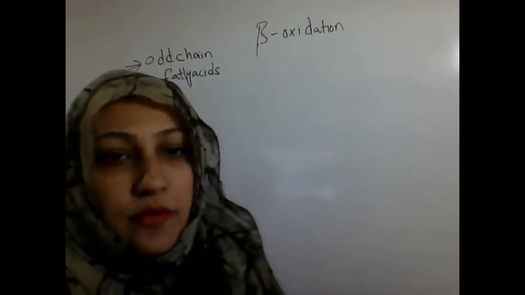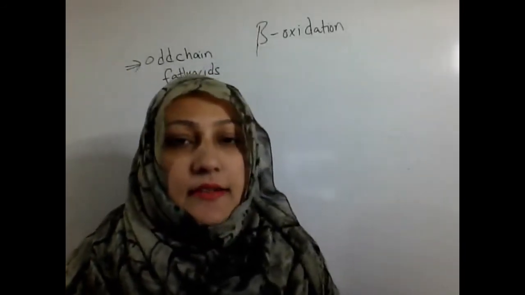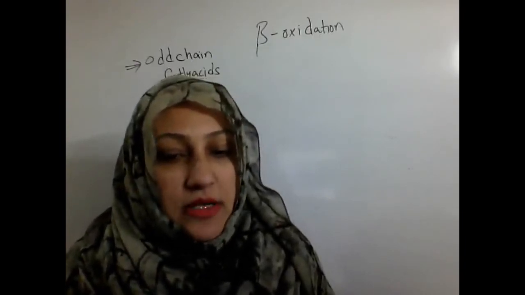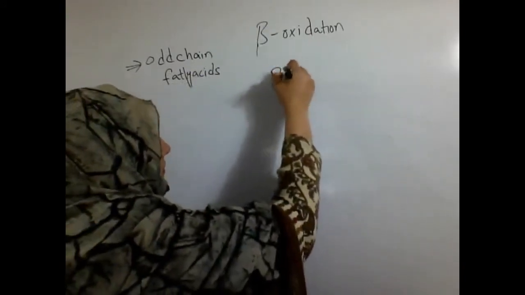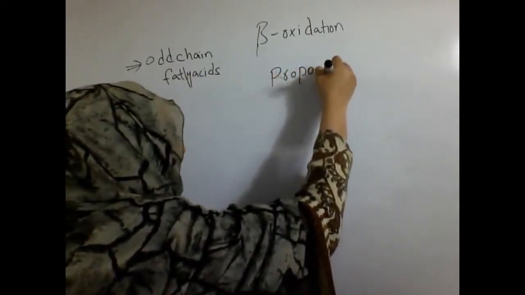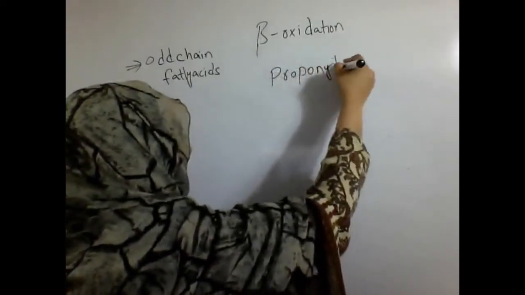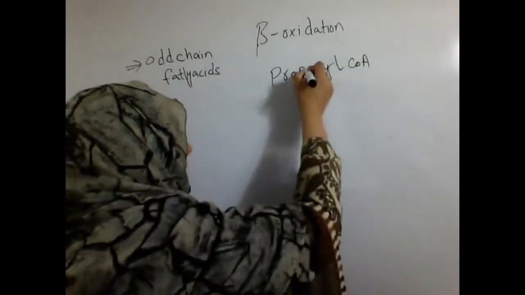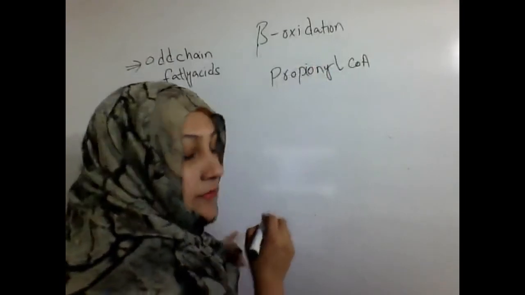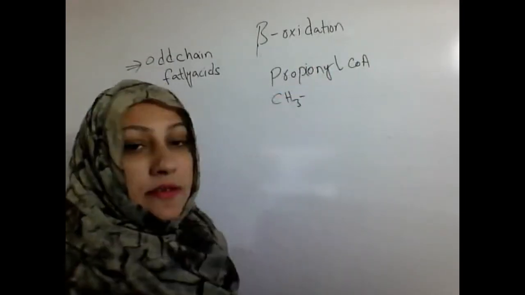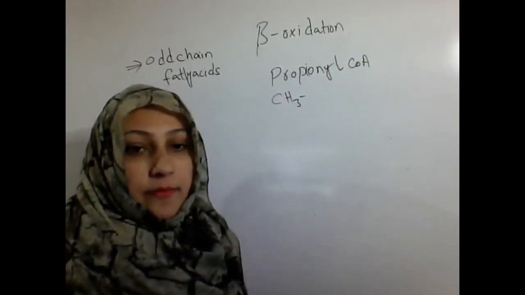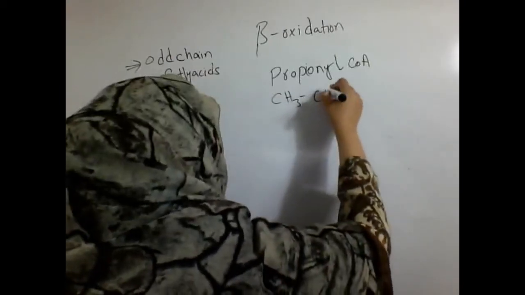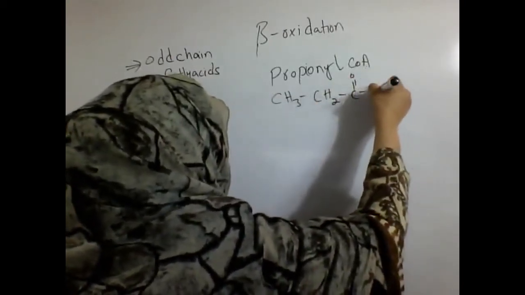Beta oxidation of odd chain fatty acids. In case of the beta oxidation of odd chain fatty acids, the end molecule produced is propionyl-CoA, CH3 CH2 C double bond O S-CoA.